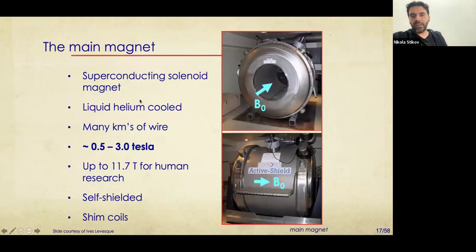So about that main magnet, as I said, it's superconducting. It's cooled with liquid helium. It has many, many kilometers of wire. The field strength is somewhere between 0.5 and 3 Tesla, but it can go up to 11.7 Tesla for human research. And then there is the issue of shielding, which is when you have such a strong magnetic field, that magnetic field spills over outside of the room where the scanner is.